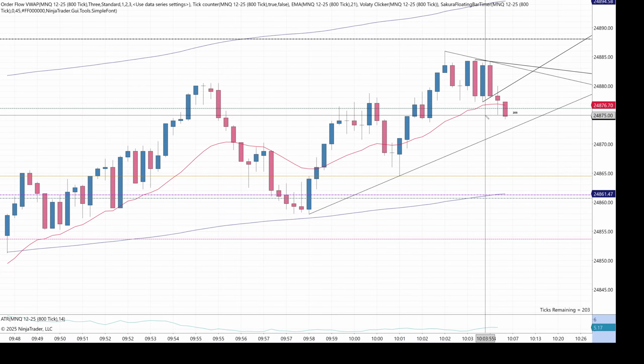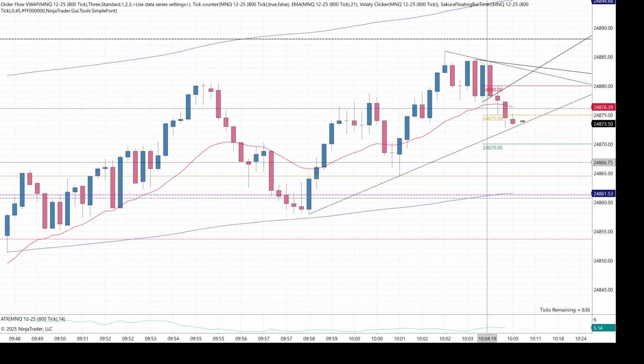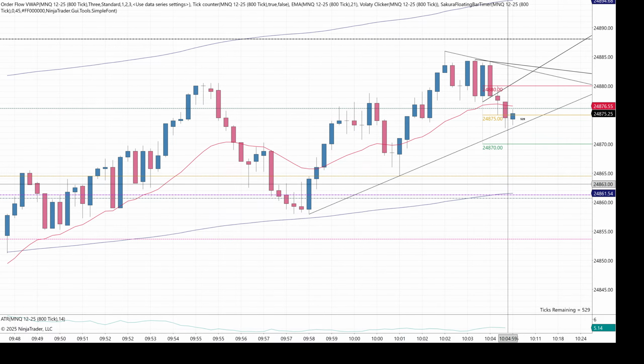This is a trigger lower, but we wouldn't have taken it. It was above the EMA, and we have this trend line here. So we're just going to wait.